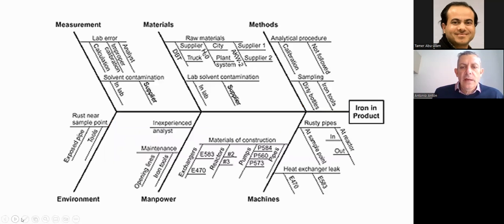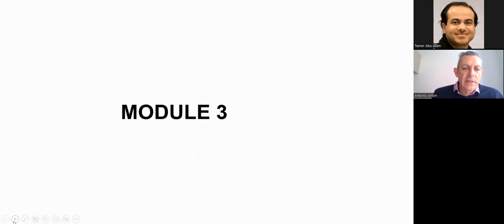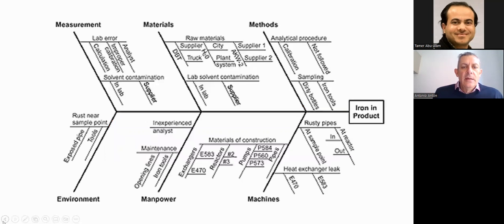They start by showing these contents, for instance, by doing this fishbone diagram. So this is the iron in the product. Here they put the iron in the product on the right. This is the fishbone. It doesn't matter; sometimes people put the problem, iron in the product, here on the right.